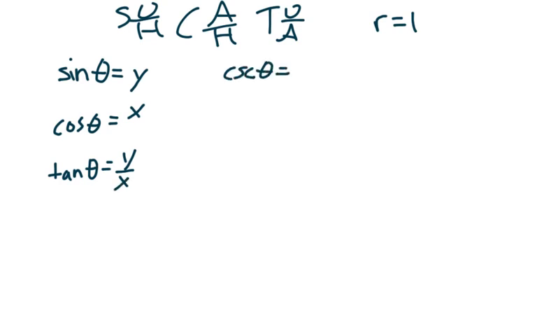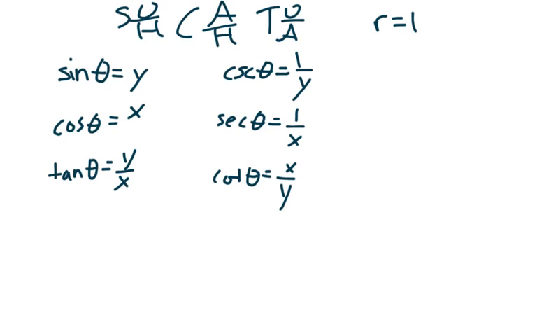Cosecant of theta was r over y, but r is now 1. Secant of theta was r over x, but now r is 1. Cotangent of theta is x over y.